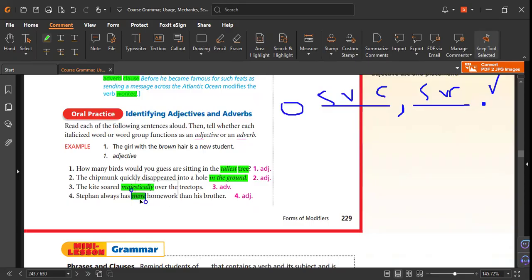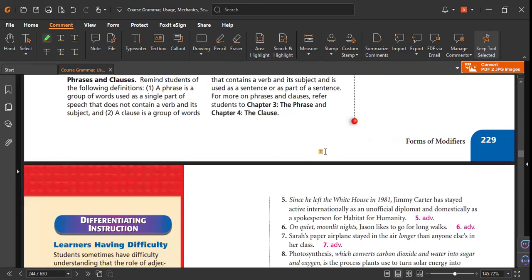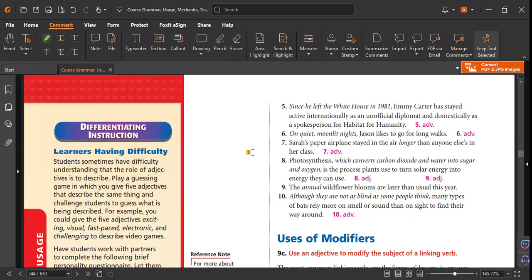Here, it's an adjective for this noun. So we have a lot of ways to test here. Here we have a clause. What does it describe? It describes photosynthesis as non-essential information. And then we have a verb, converts. Converts here is singular because you refer it to something singular. How did you know? He said is.